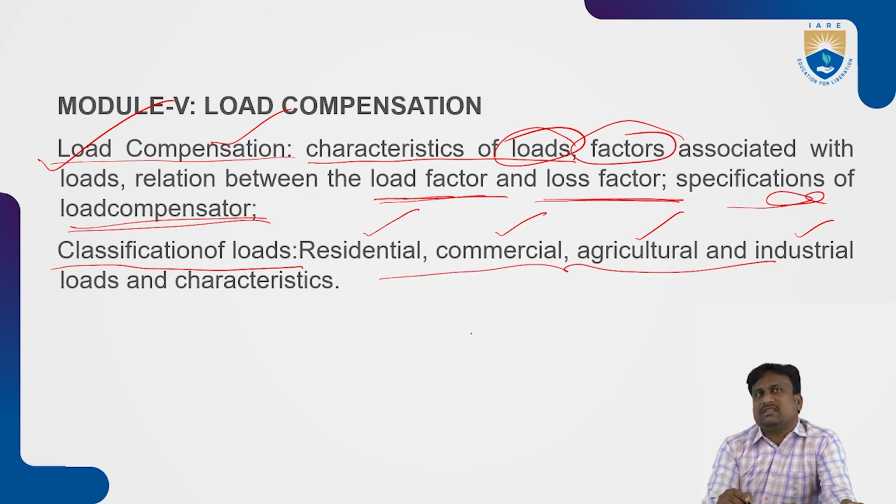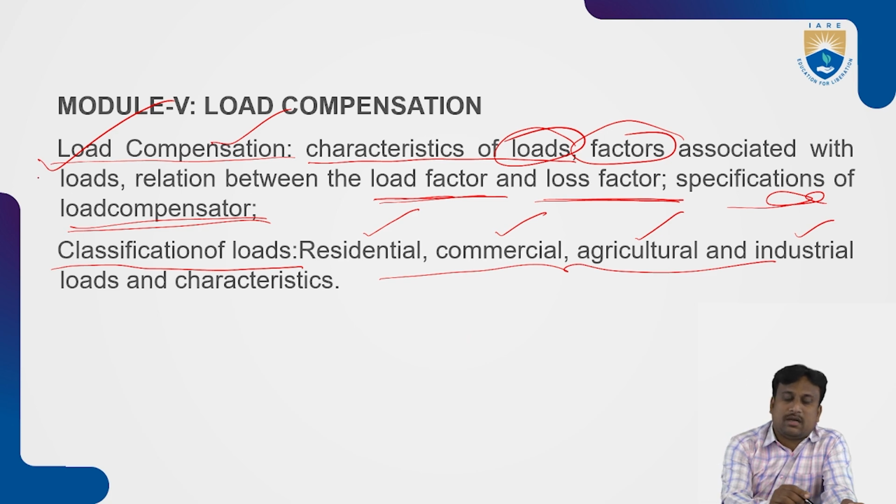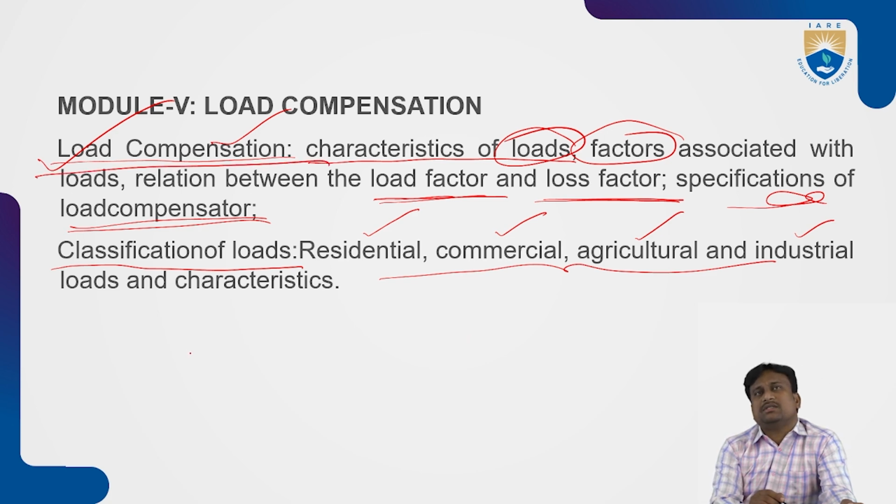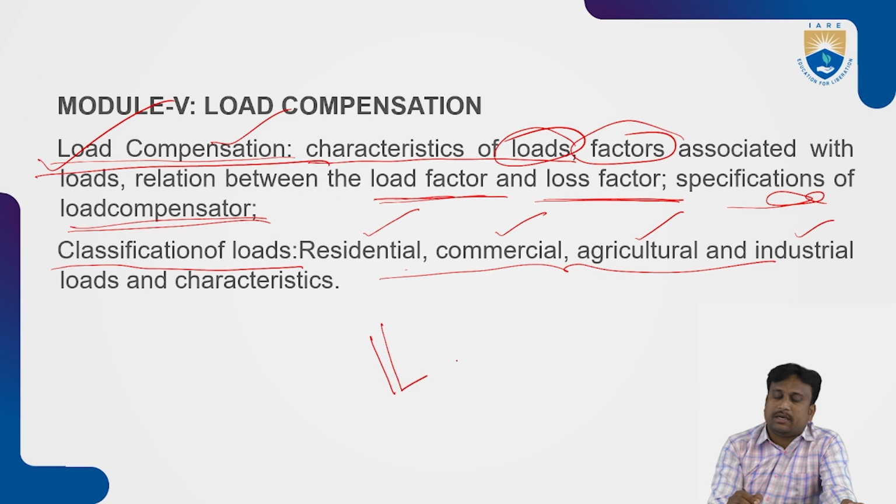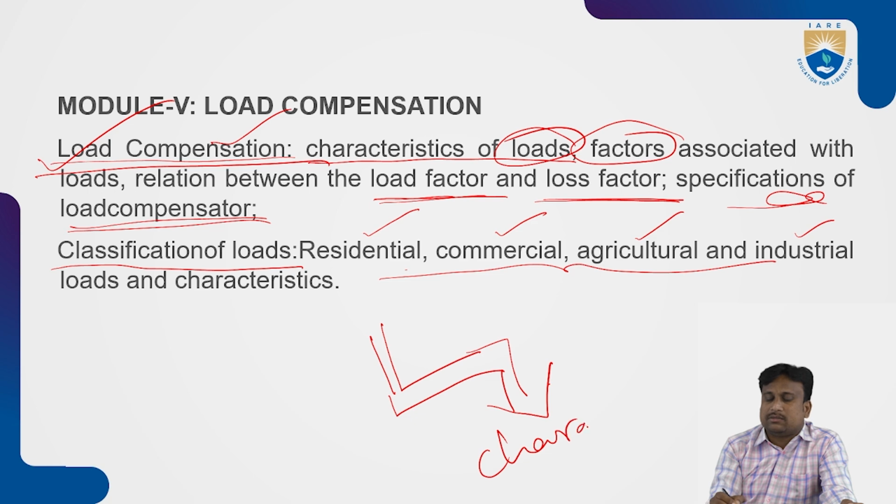For this classification, we will make a load compensation strategy by introducing their characteristics, whatever the type of load may be. Characteristics are important here. With those characteristics only, it is easy to compensate the load. The compensation strategy is based only on the characteristics.